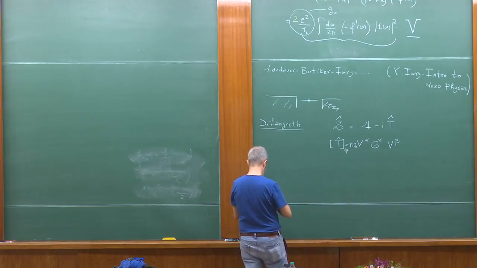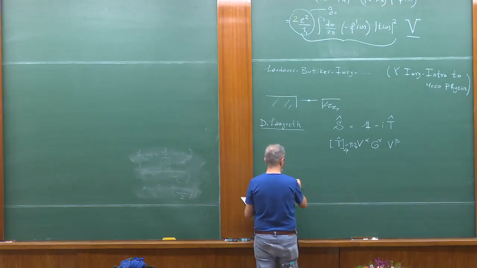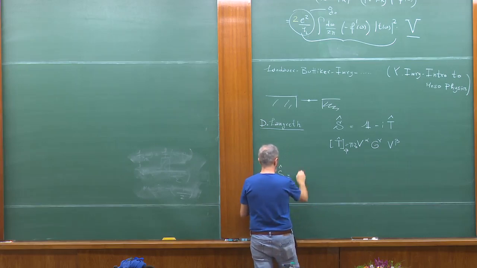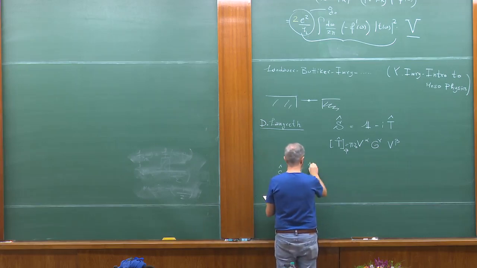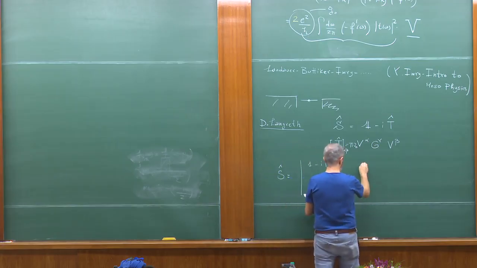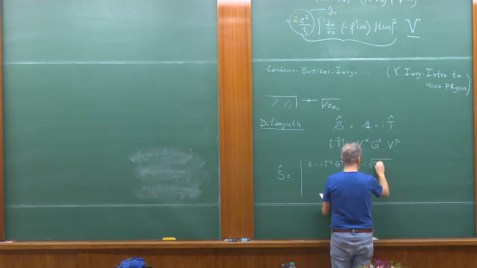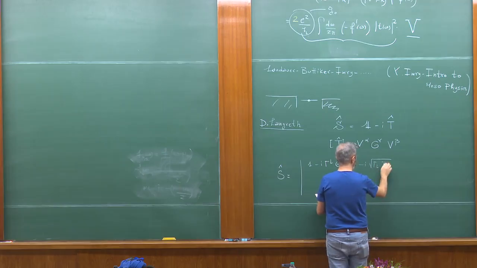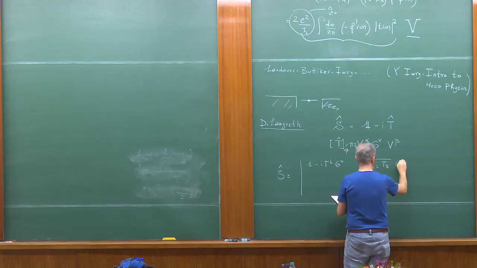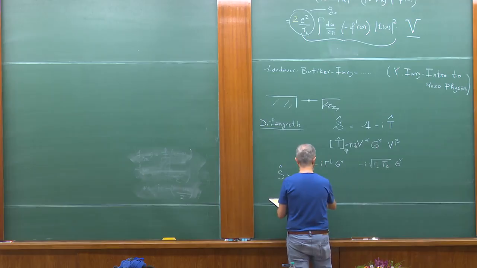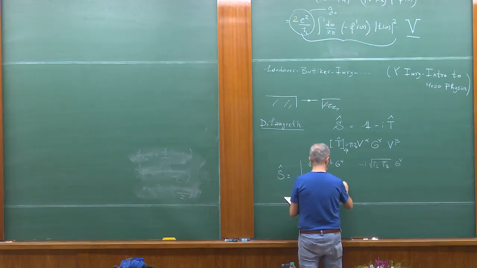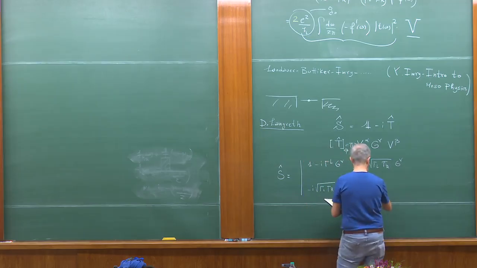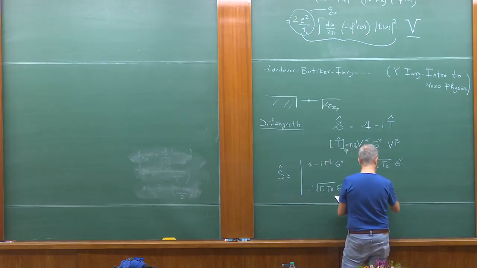and write it explicitly, you will get that this is 1 minus i gamma left G retarded, minus i square root of gamma left gamma right G retarded, minus i square root of gamma left gamma right G retarded, and 1 minus i gamma right G retarded.